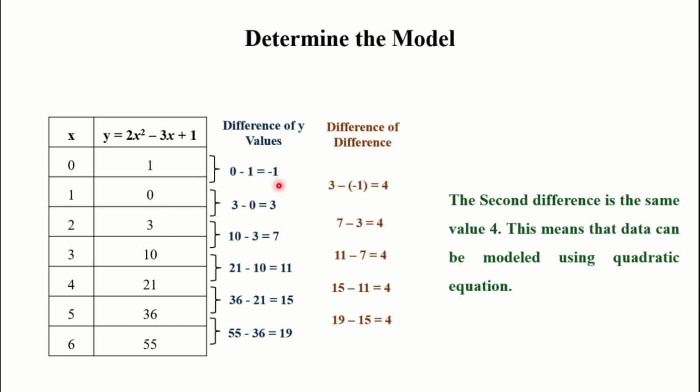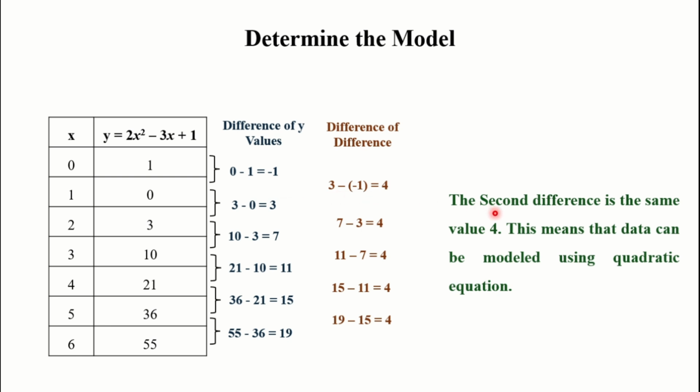Here the differences are not the same. So again we find the difference of the differences: 19 minus 15 is 4. 15 minus 11 is 4. 11 minus 7 is 4. 7 minus 3 is 4. 3 minus minus 1 is 4.